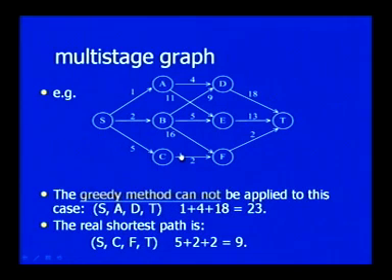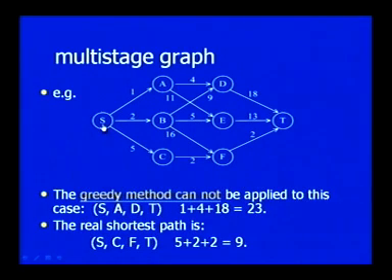You can take this particular example. This is a case of a multi-stage graph. So, this is one stage, this is another stage, this is another stage, this is another stage.